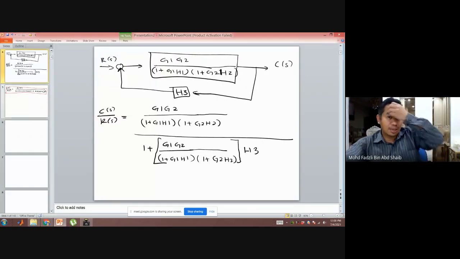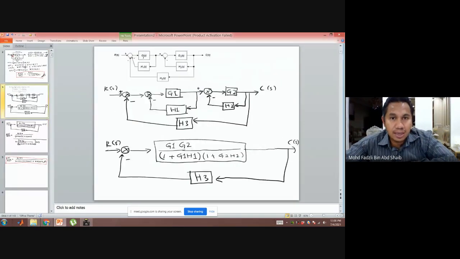Okay, let me take a look again. First, we combine the up and down, and then we combine together, it becomes G1 G2 over 1 plus G1 H1 times 1 plus G2 H2. I already erased it, right? If you see my video, we settle this one first and this one first, and we combine together.